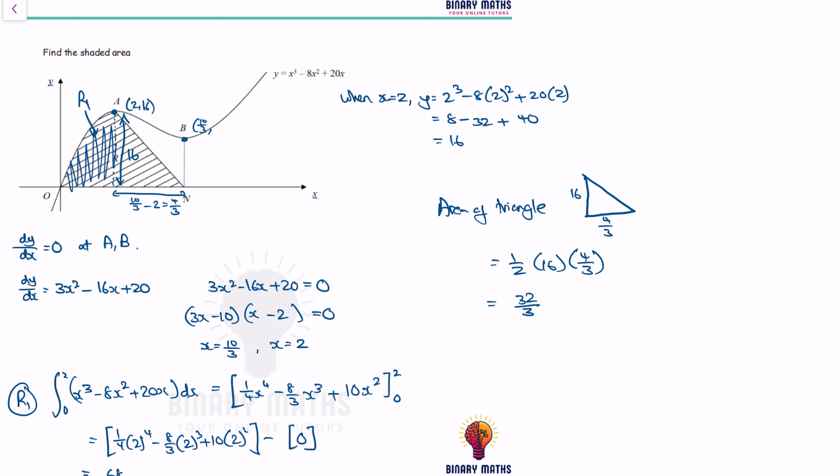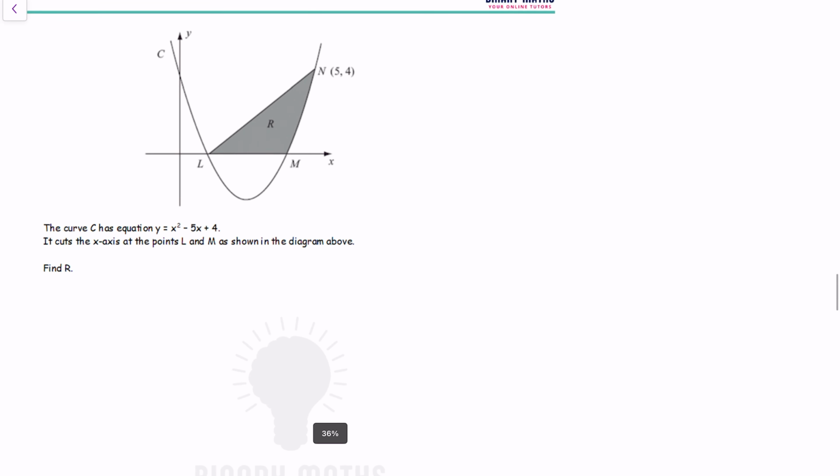So that means the total region R is equal to R1 plus area of triangle, which is 68 over 3 plus 32 over 3, which is equal to 100 over 3. Next question.